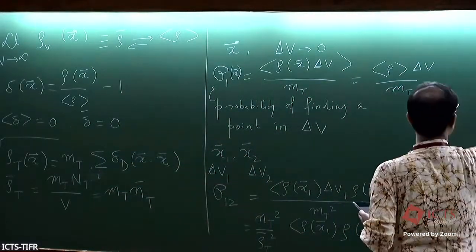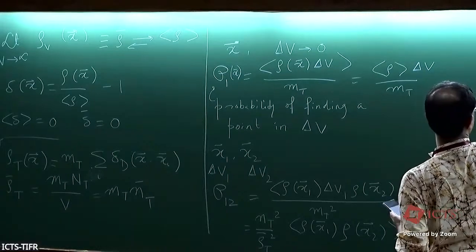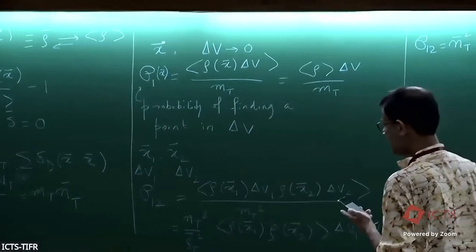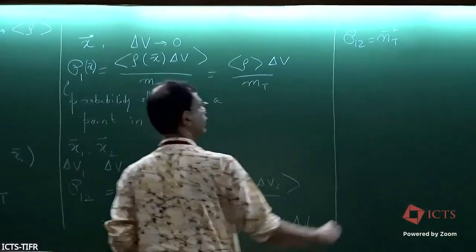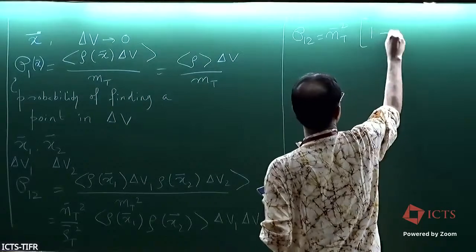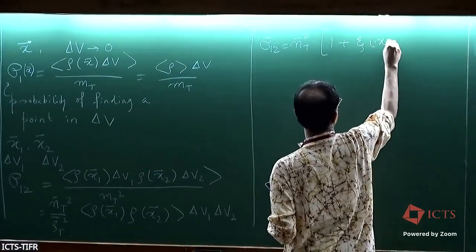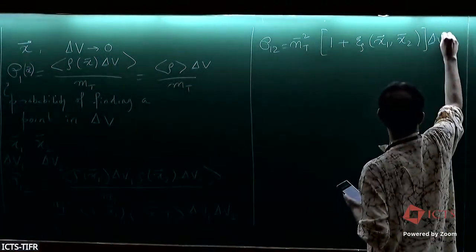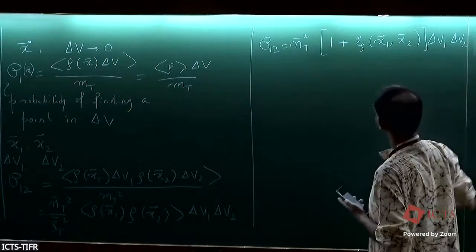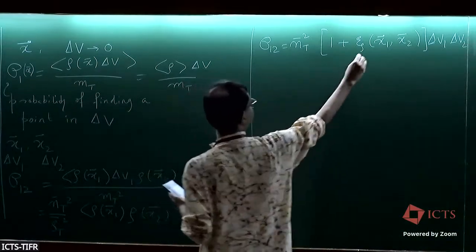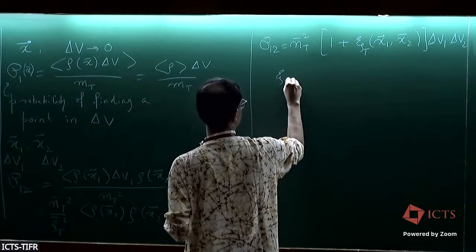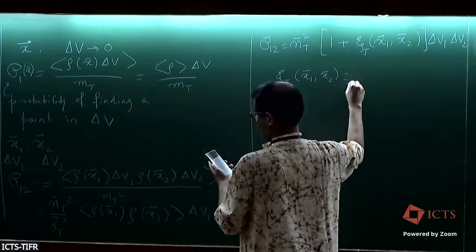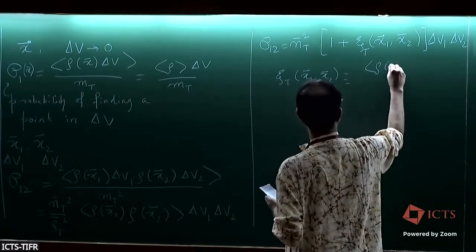And I continue this, I just write this quantity in a particular form. I will write it as n bar_t square into 1 plus psi, which is a function of x1 comma x2, delta V1 delta V2, where this psi, which may depend on the tracer I am interested in, will be given in terms of rho of that tracer.